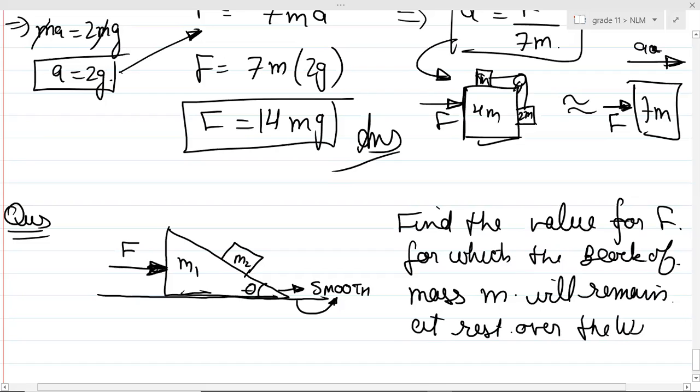I don't want this block m2 to move over this block.